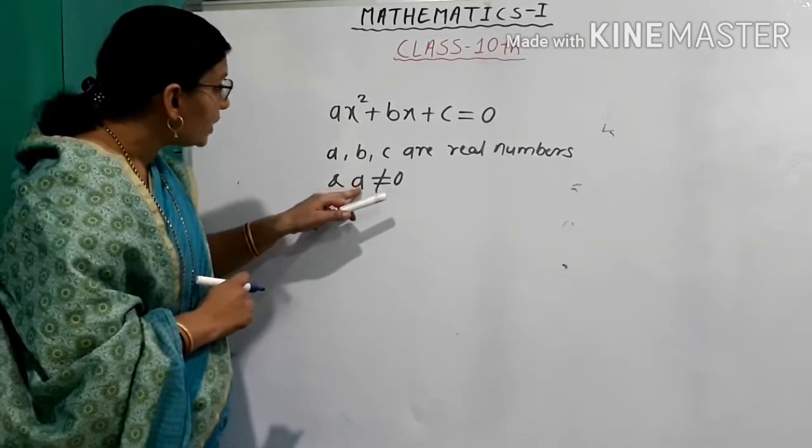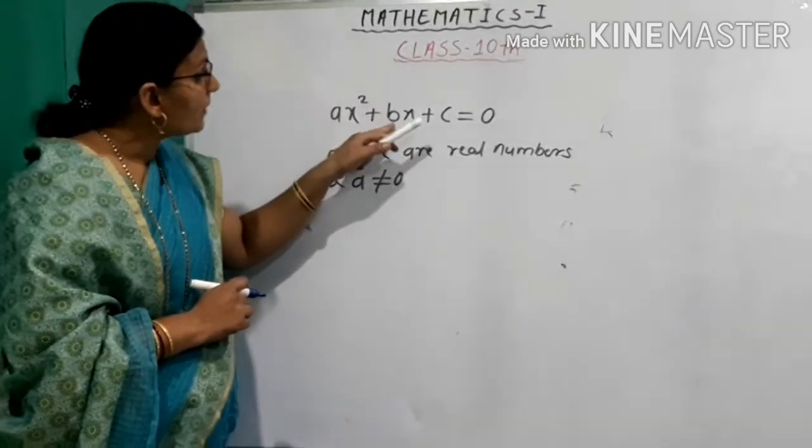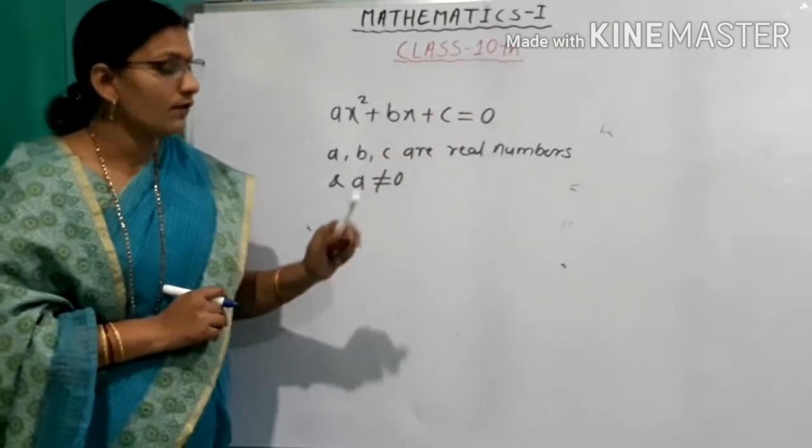If a equal to 0, this term becomes 0 and the equation bx plus c is a linear equation.